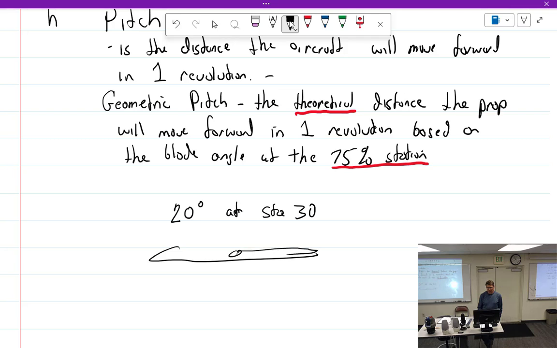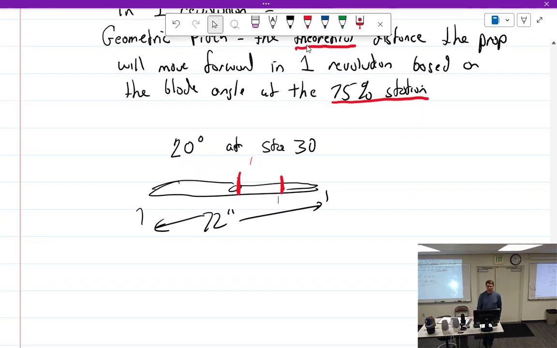If I had a 72-inch prop and wanted to know the 75% station, I take 72 and divide by 2, which is 36. What's 75% of 36? 27. So what size prop do I have if station 30 is 75%? Just do the math backwards.